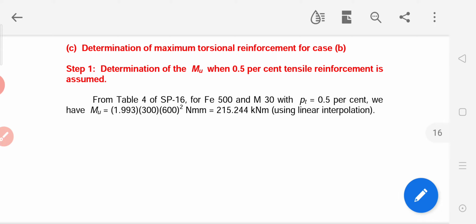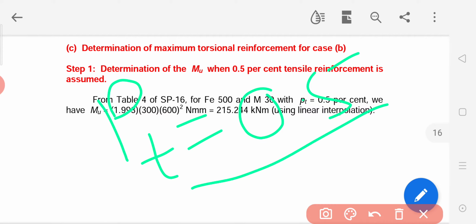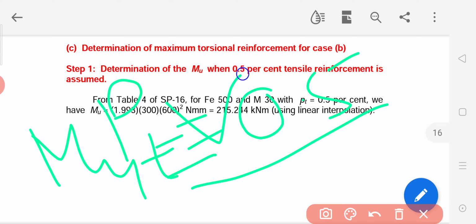From the table of SP16, Fe415 and M30, we find the value of PT from the table. So 0.5 is the percentage of tension. We have Mu equal to Mu upon BD square.